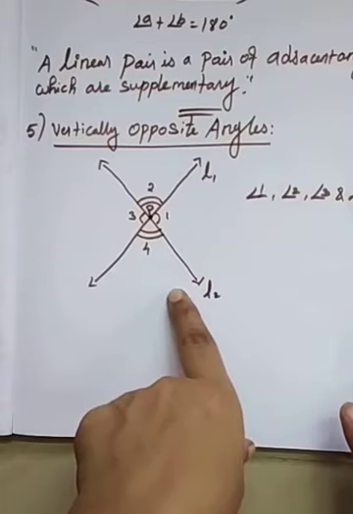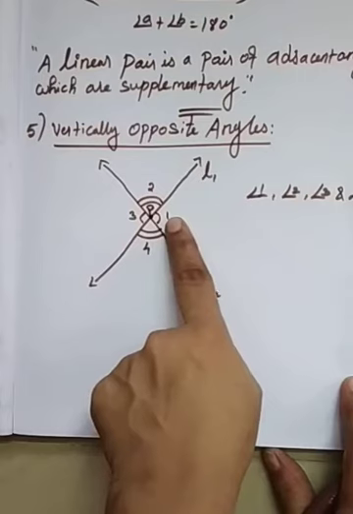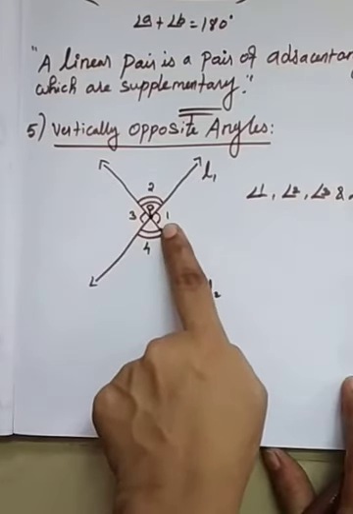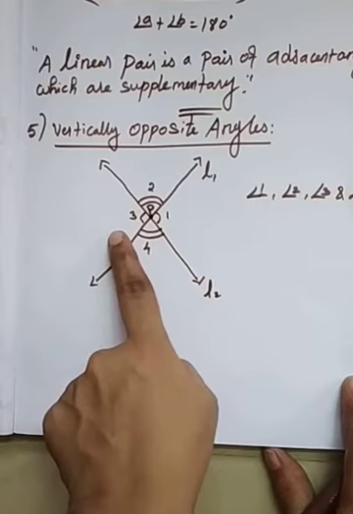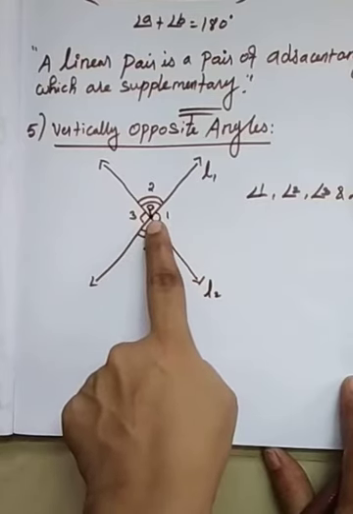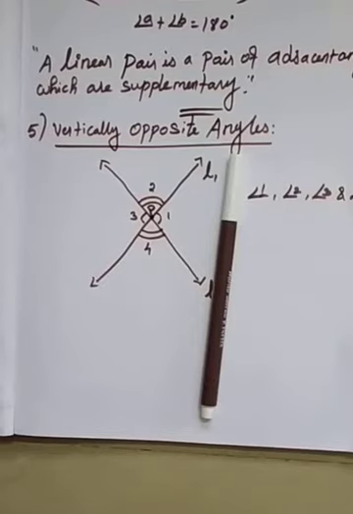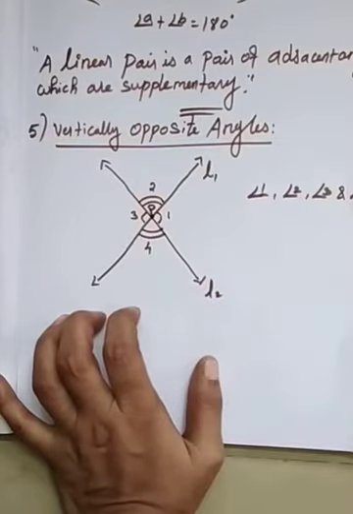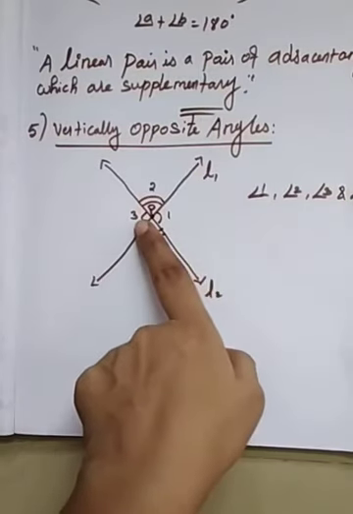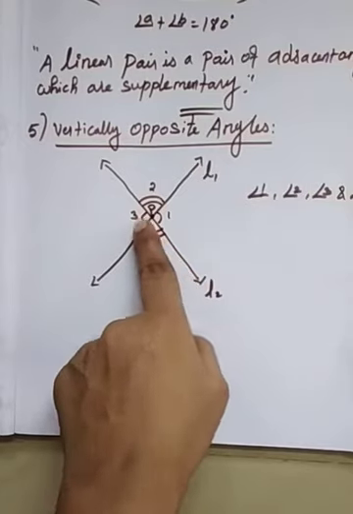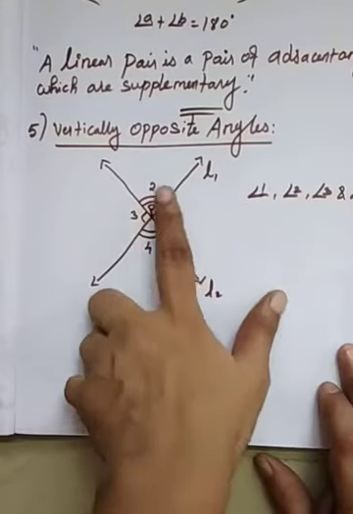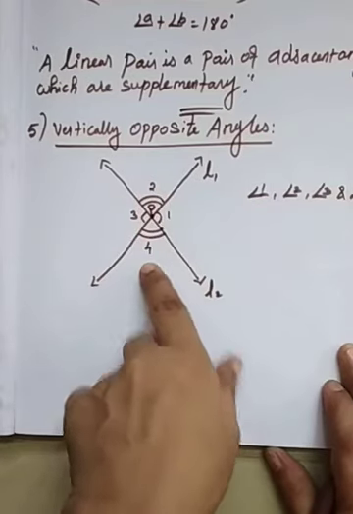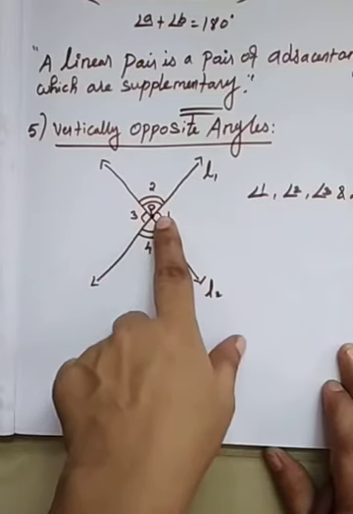Now let us consider angle 1 and angle 3. They have a common vertex P, but they do not have a common arm. Similarly, angle 2 and angle 4 also have a common vertex P, but no common arm.